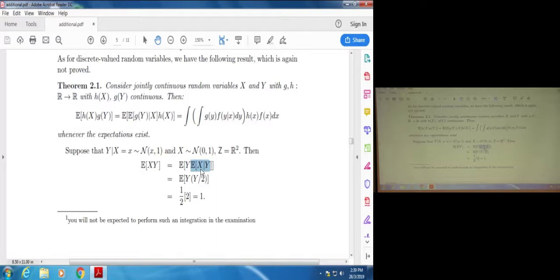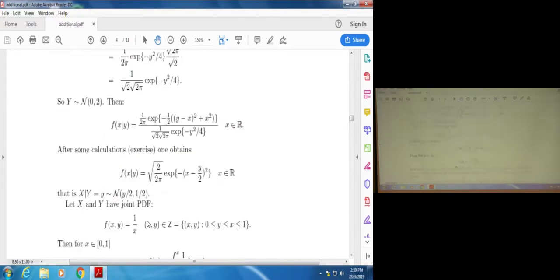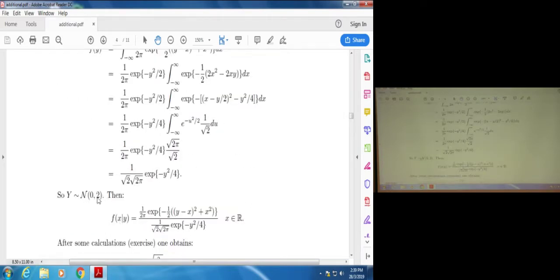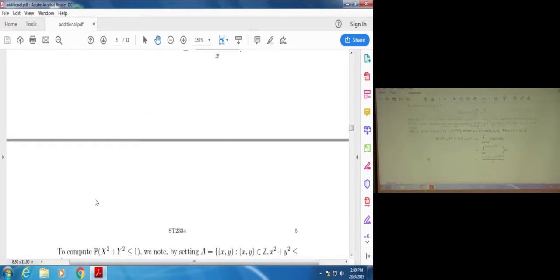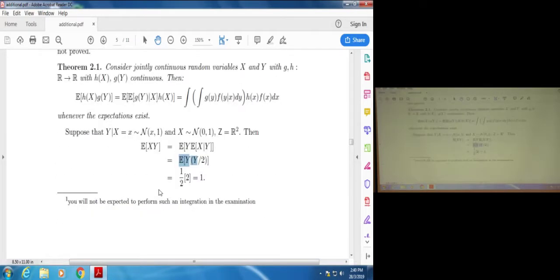So the expected value of x given y is y over 2. Okay, so then I take this 1 over 2 and I want to compute the expectation of y squared. But we know the marginal density of y because y is normal 0, 2. So the expected value of y squared is 2. Okay, so this is why you get 2 over 2, which is 1.